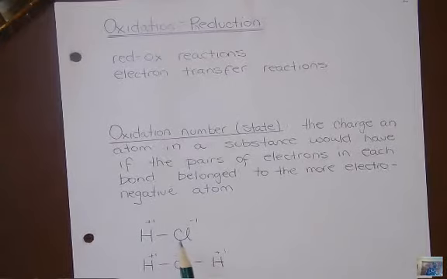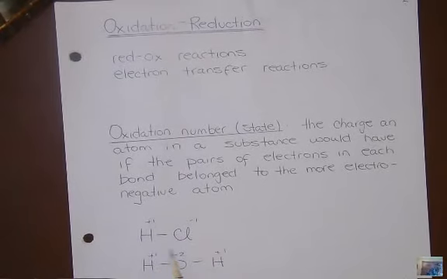In this case, chlorine is much more electronegative than hydrogen, so chlorine would have a -1 and hydrogen would have a +1. And just by using the oxidation states on the periodic table, chloride is -1 and hydrogen's typical oxidation state is +1.